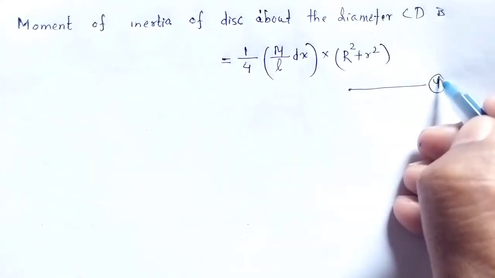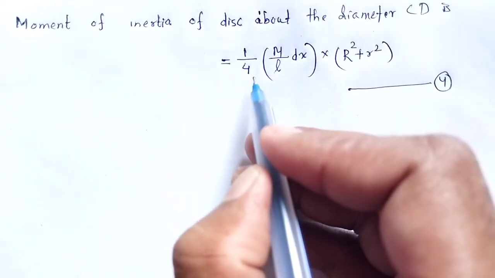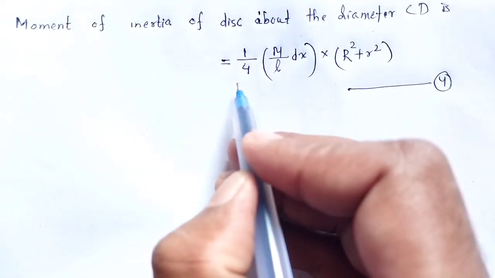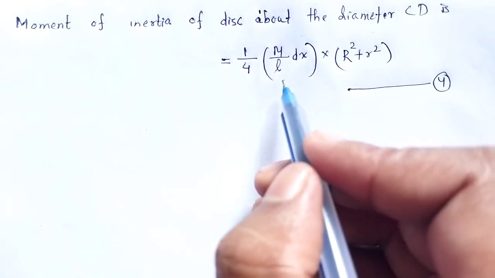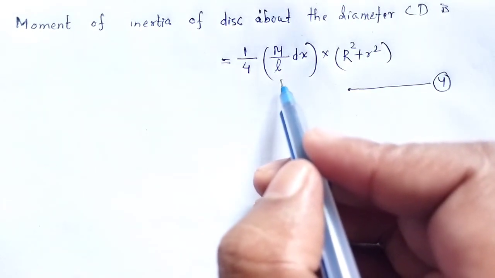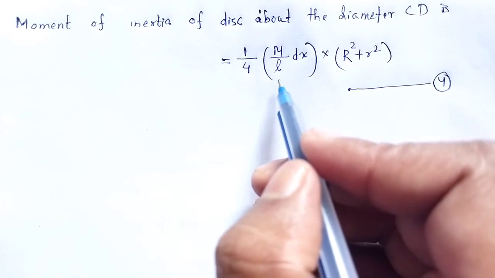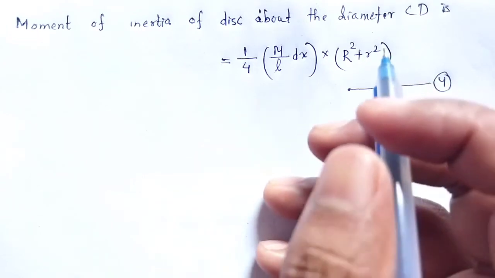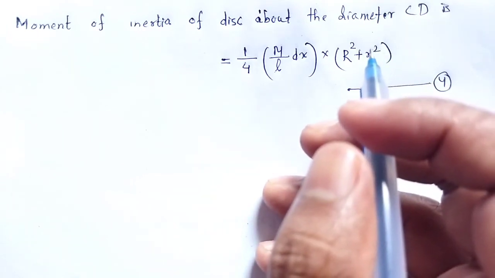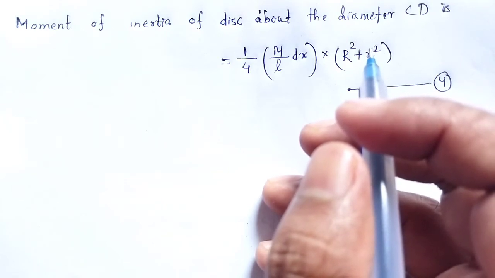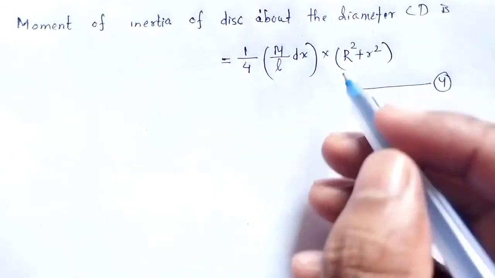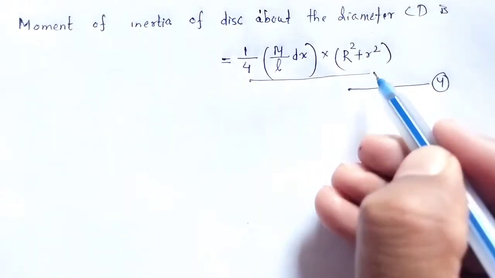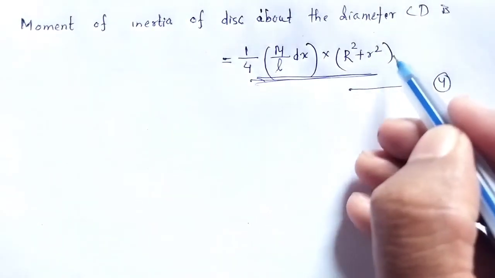Equation number 4. This is found as we know the moment of inertia of an annular disc about its diameter is equal to 1/4 of its mass into (R square plus r square), where R and r are the external and internal radii of the annular disc. So we use that formula to derive this.